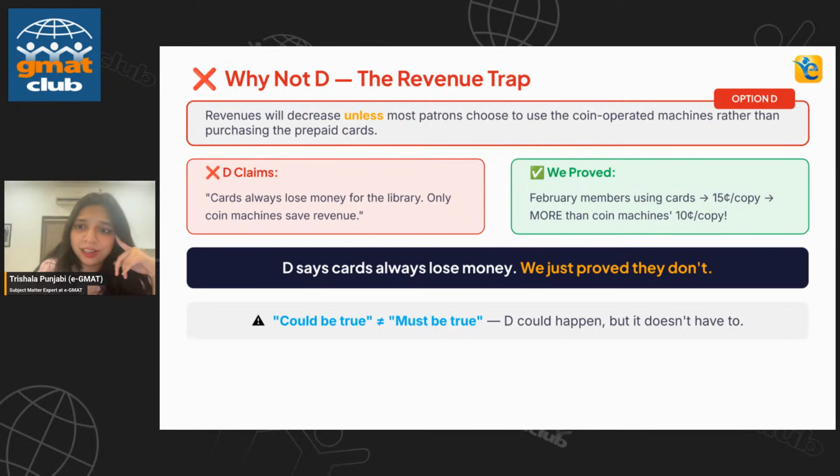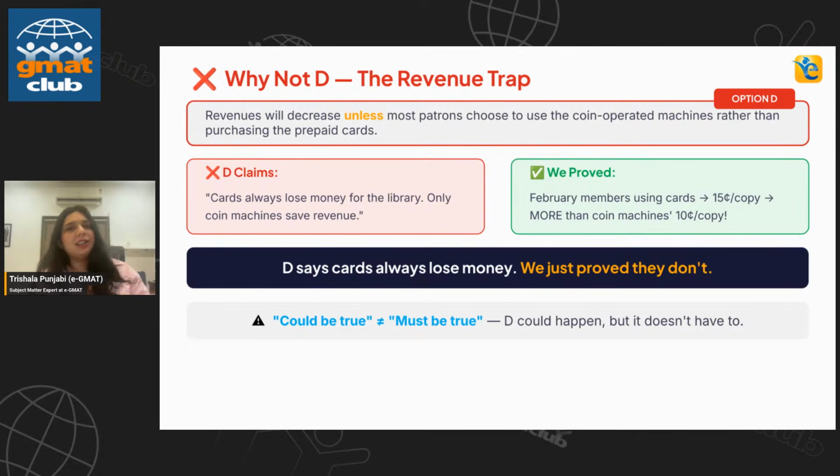So here, pay attention. It says revenue will decrease unless most patrons choose to use the coin operated machine rather than purchasing the prepaid cards. So if we are putting it in a simple way, what does it say? D is saying that cards always lose money for the library and only coin machines save money.